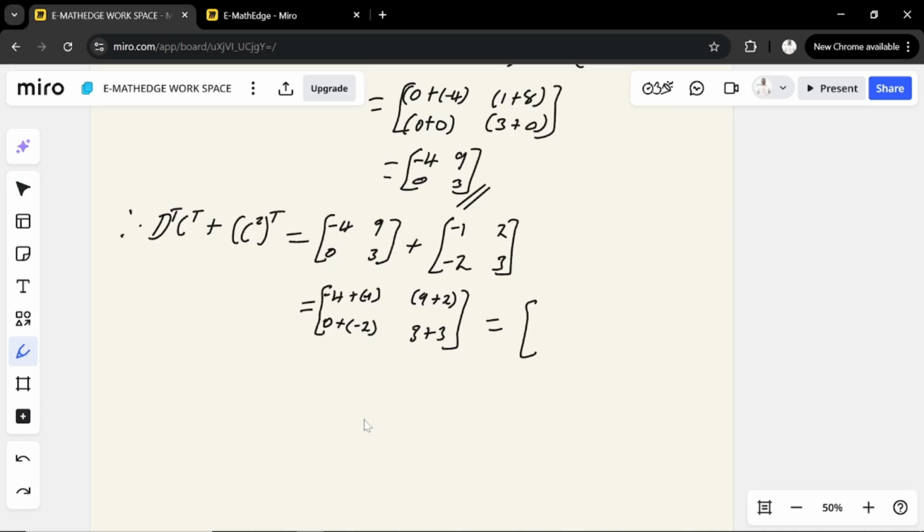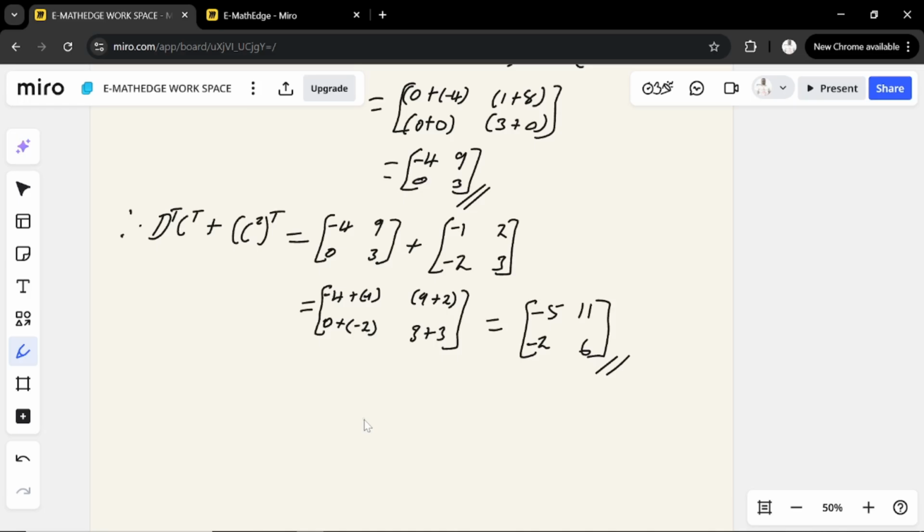So -4 and -1 is going to give us -5. 9 plus 2 is going to give us 11. 0 plus -2 is going to give us -2, and 3 plus 3 is going to give us 6. So adding up this, we have the final result to be -5, 11, -2, and 6.